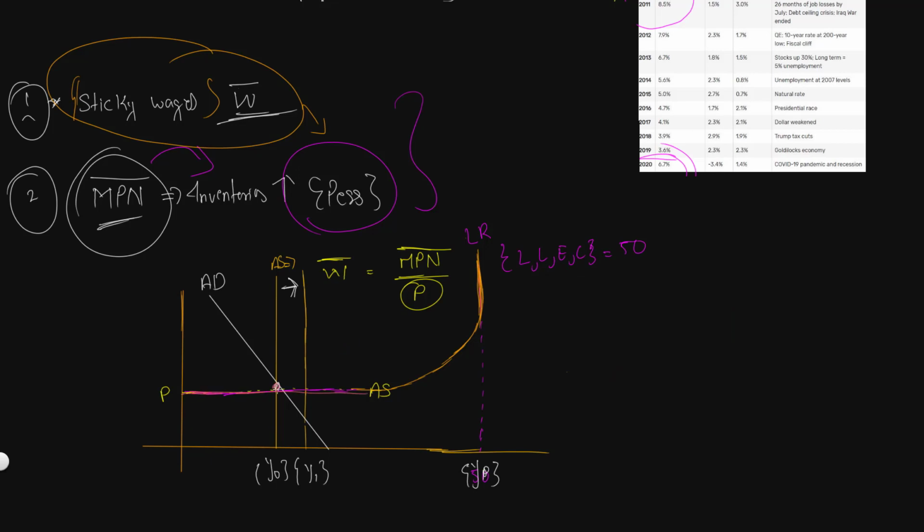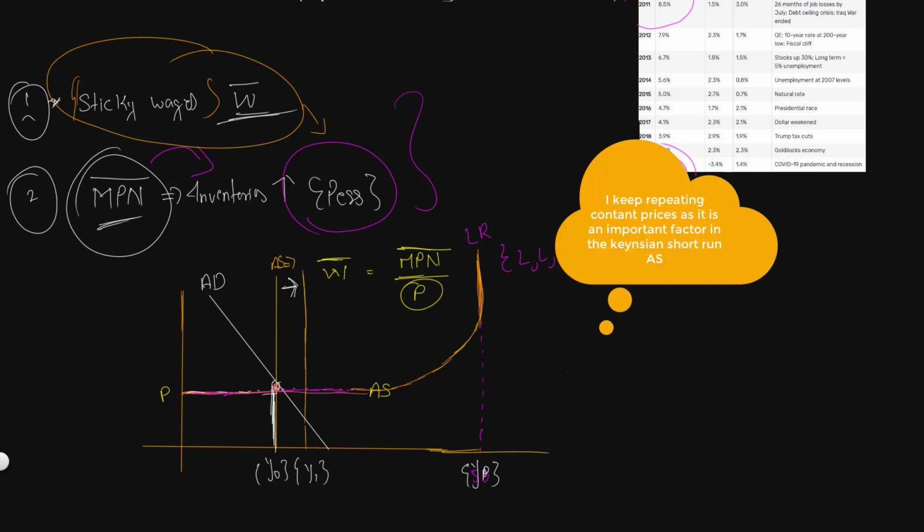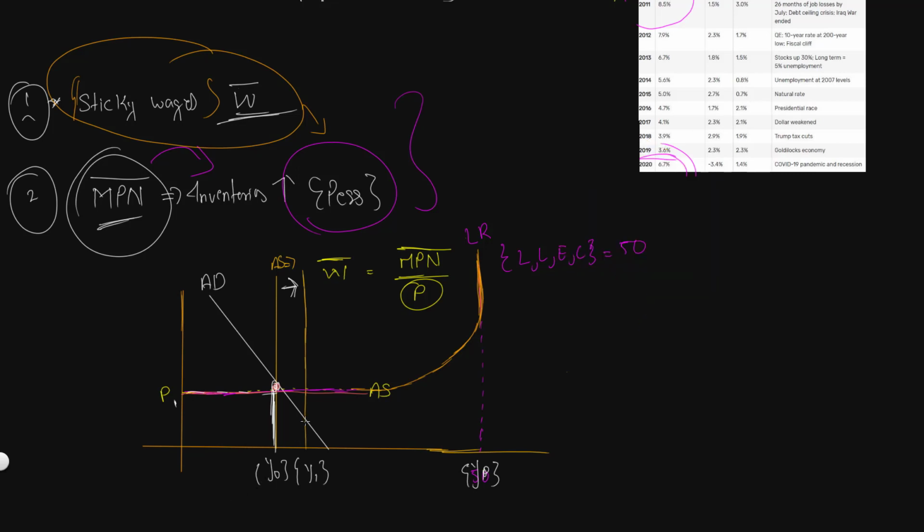If the prices are constant, we will stick to our same equilibrium point of P1 Y0, even though theoretically, according to the classical model at least, we should be increasing aggregate output in the economy, but because the prices are constant in the short run, we have no impact on the aggregate output.